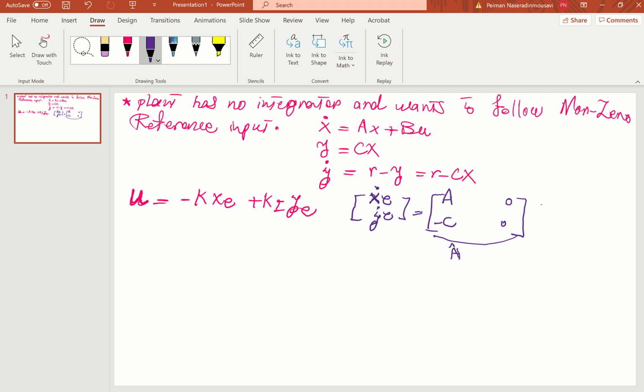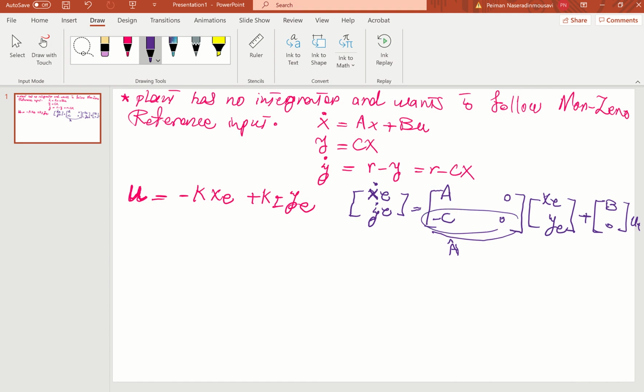And this is x e and zeta e, and also we modified the B vector, so B0 u e. So this is how we added to the order of the systems, right? And we named this as B hat.